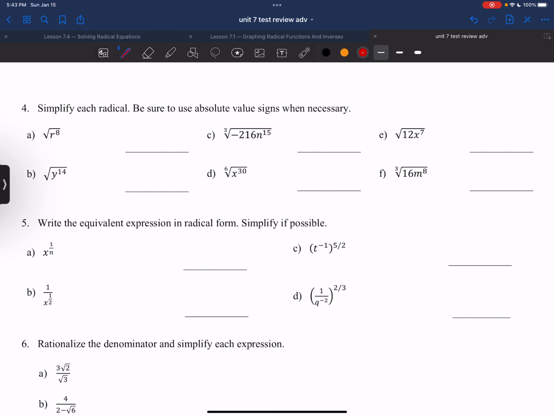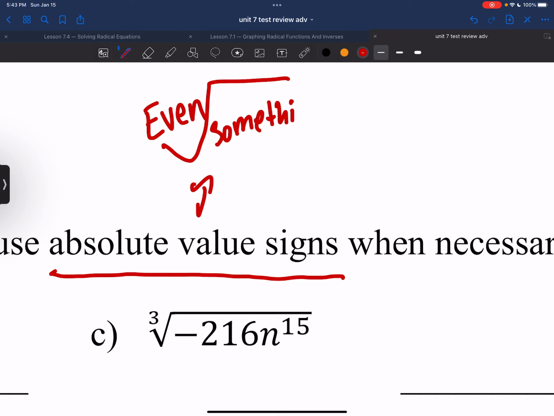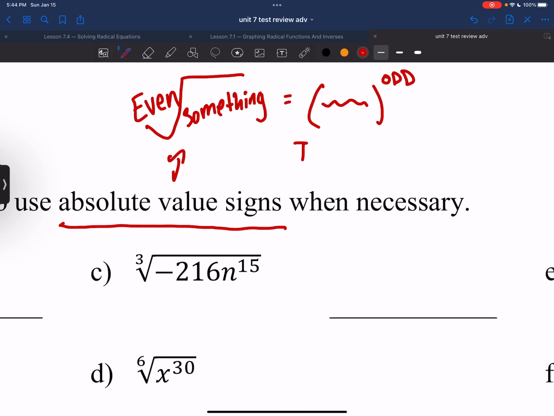And the absolute value signs part, well, this happens when you take an even root of something and I get blah, blah, blah to an odd power, then use absolute value bars like this.